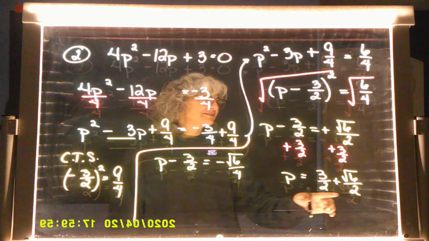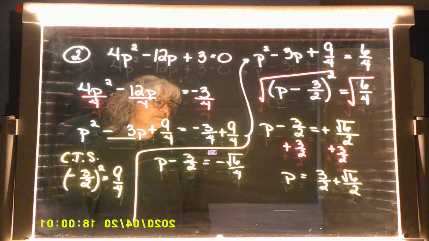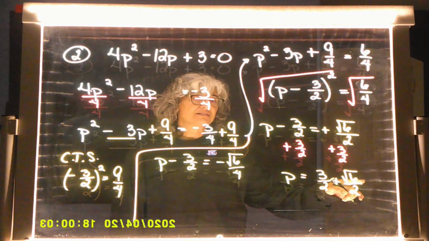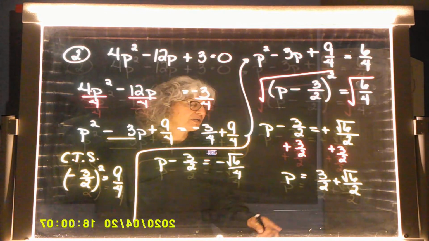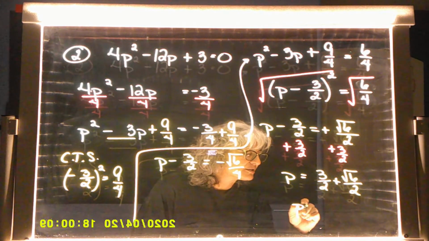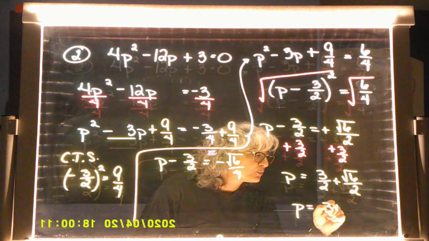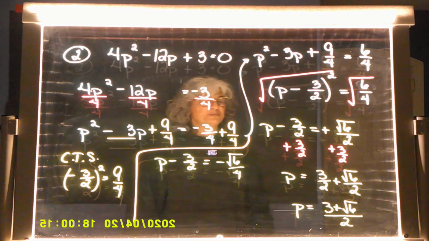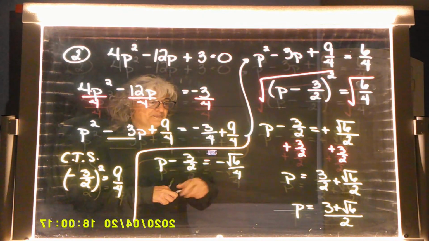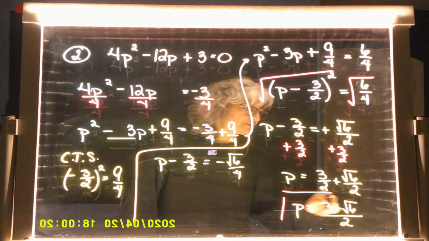And by the way, since these two denominators are the same, and this is not an imaginary number, there's no i here, sometimes the authors of the book will combine them into one fraction since the denominators are the same. So this would be one of your answers.